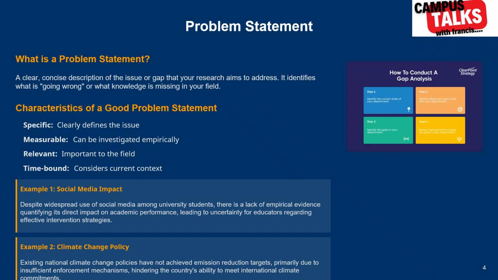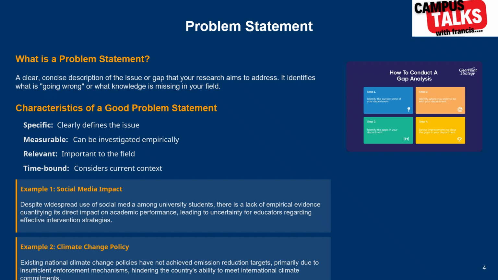An example, still on the social media impact study on students: despite widespread use of social media among university students, there is a lack of empirical evidence quantifying its direct impact on academic performance, leading to uncertainty for educators regarding effective intervention strategies.